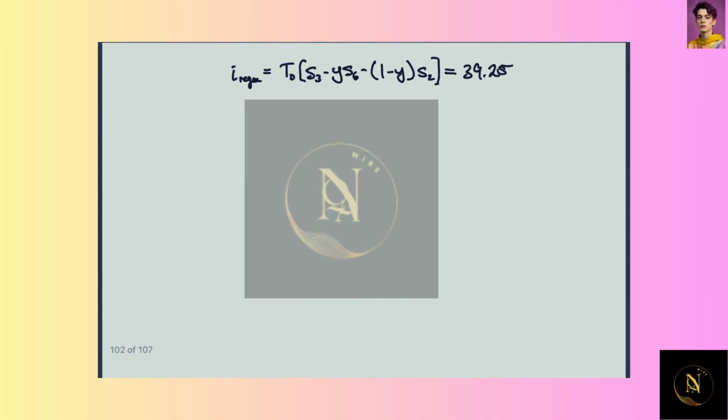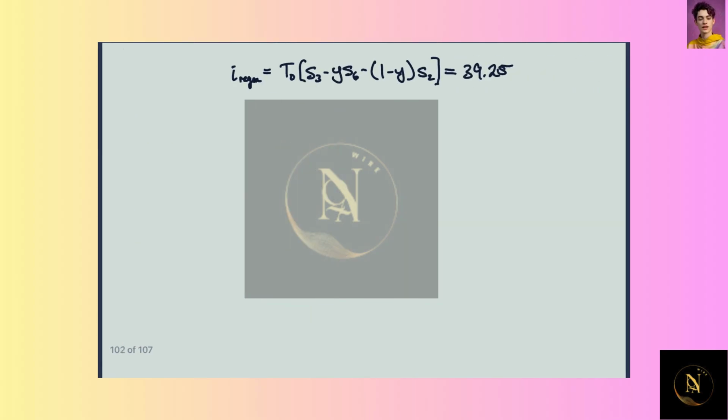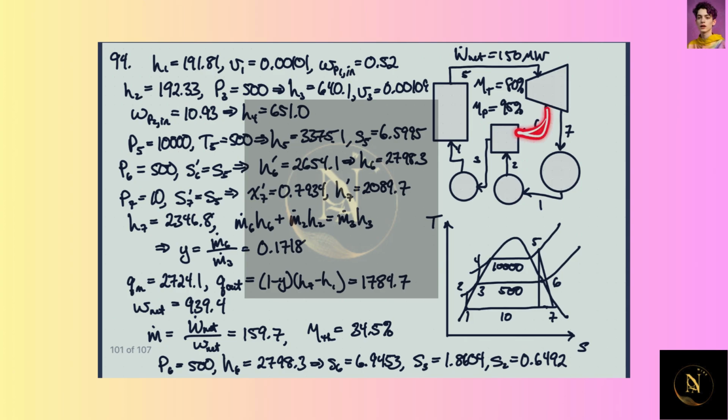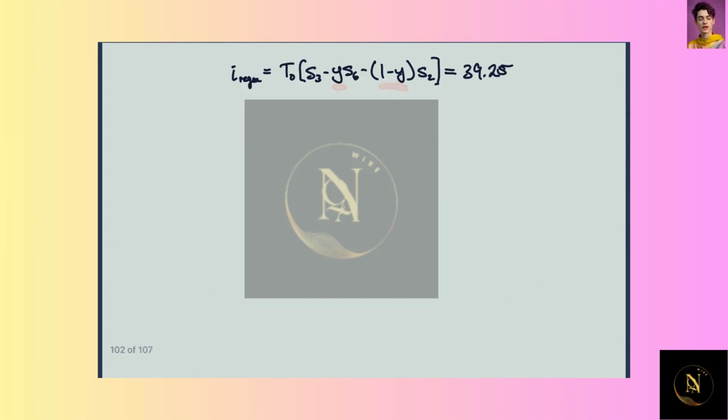So we had S3, we had the full amount coming out. At S6, we have Y times the amount coming in, because we took a percentage off here. And then at 2, we have the 1 minus Y flowing in. So that's where we get these terms. And calculating all that, we get 39.25 kilojoules per kilogram.